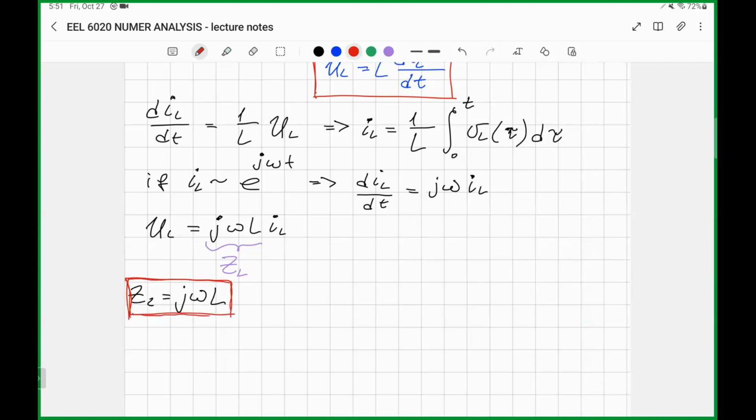It states that the impedance of the inductor is a purely imaginary value, and it's equal to the ratio of voltage over the current.